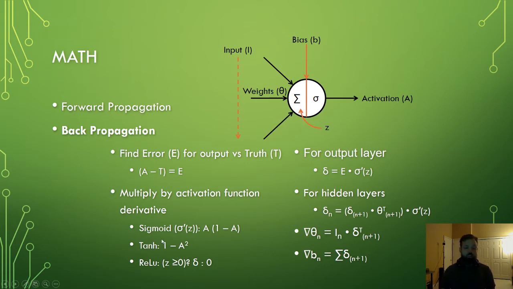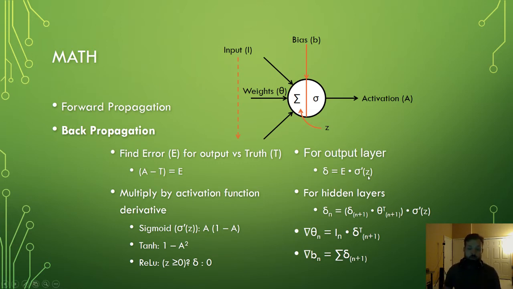For hyperbolic tangent, it's just going to be 1 minus the square of your activation. And for rectilinear, you're just going to take whatever your error was, and if the z of that layer, which if you're using rectilinear, it's easiest to just cache the z's as you do your forward propagation, was greater than 0, use the error. If it was less than 0, use 0.